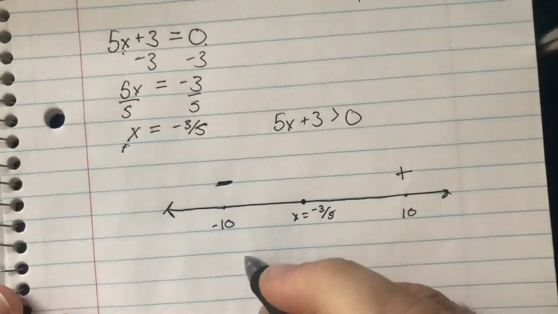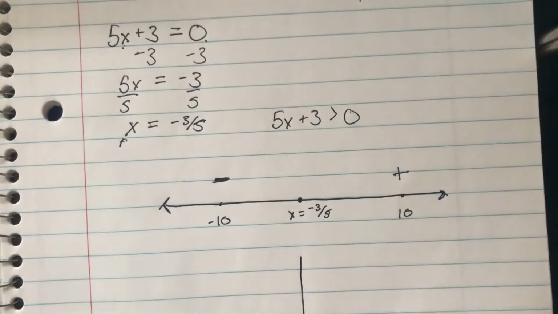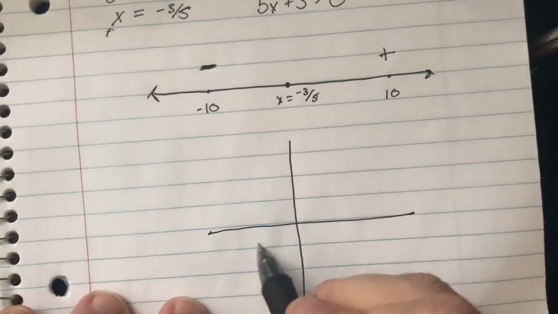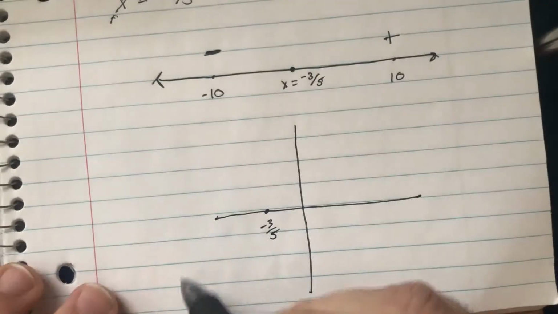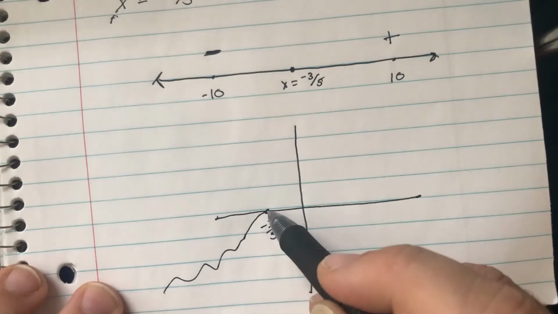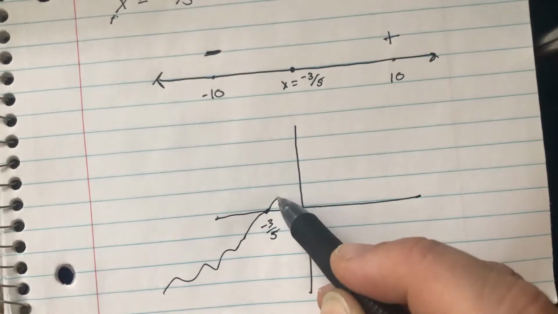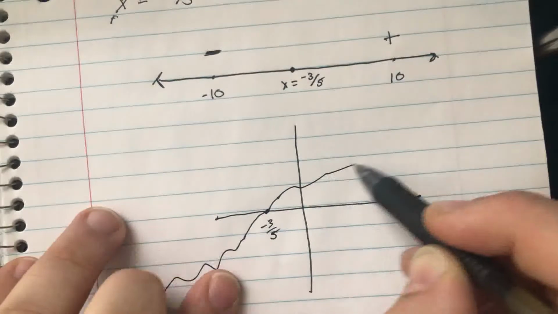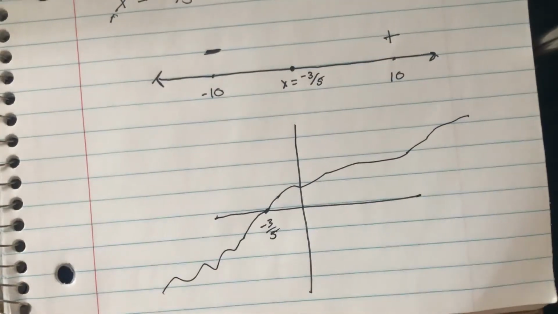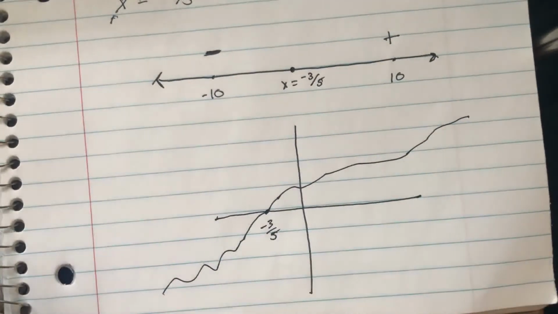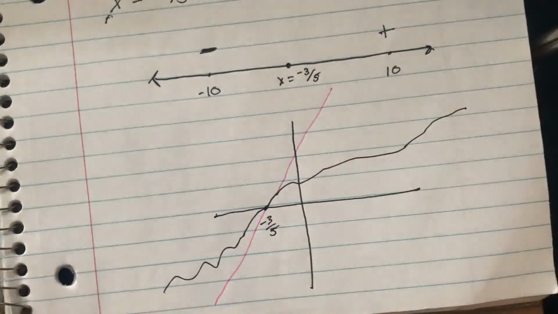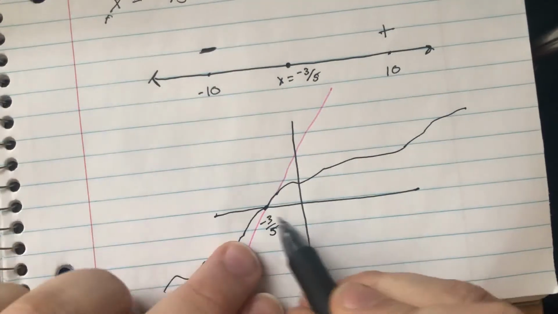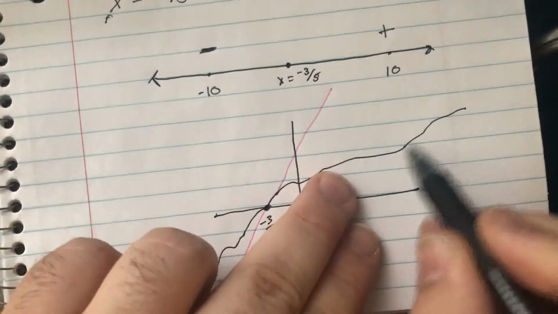So we know the graph for this. We know that this is going to be negative 3 over 5. It's going to be down here, and then it's going to change positions, and then it's going to be up here at some point. The graph is actually going to look more like that because it's a line, but just to generalize, it's going to be down here, go through 0, and then be up here.